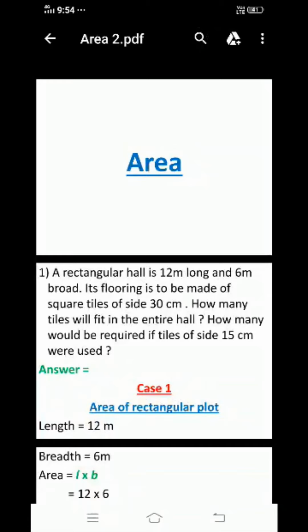Now I will explain the first sum. A rectangular hall is 12 meter long and 6 meter broad. Its flooring is to be made of square tiles of side 30 centimeter. How many tiles will fit in the entire hall, and how many would be required if tiles of side 15 centimeter were used?